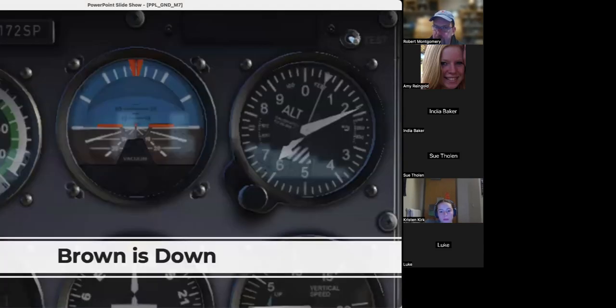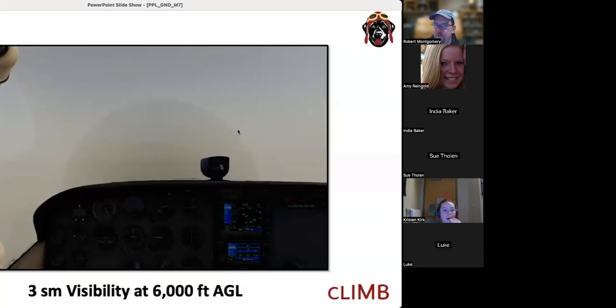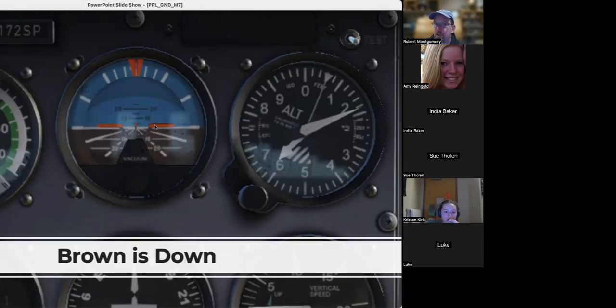Okay. And then I just had to throw this in here. Don't forget, as you get into reduced forward visibility, we do have flight instruments on this aircraft. If I take a look at that attitude indicator, using it as a replacement for the attitude, instead of trying to keep the dirty side down by looking out the window, you're probably going to be in a much better space, with the caveat that you're now relying on this instrument working.